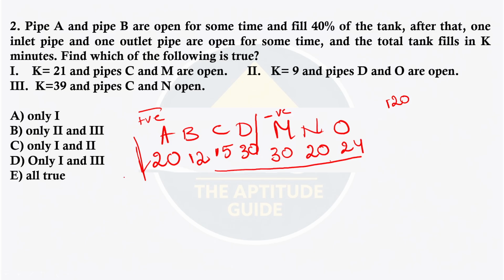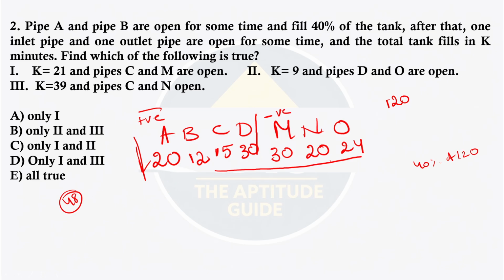Pipe A and pipe B open for some time and they filled 40% of the tank. Okay. So 40% of this value, what is 40 percentage of 120? Yes. So it's 48.